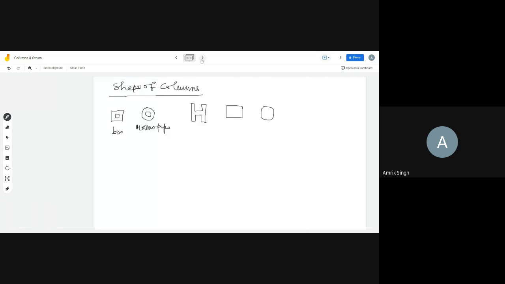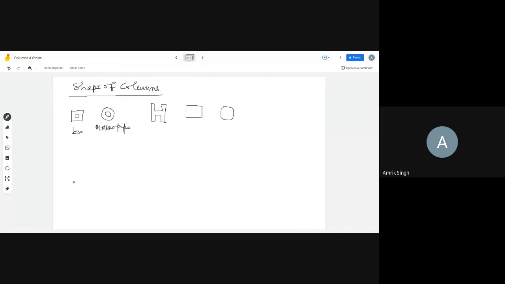ठीक है. So now for an ideal column, what are the things which are required? It should be straight. It should not be bent. The first requirement is it should be straight.